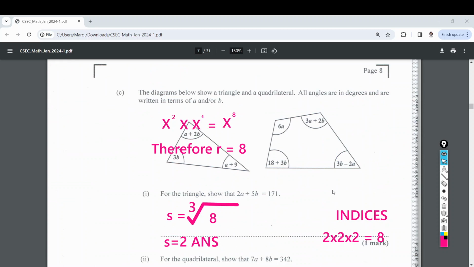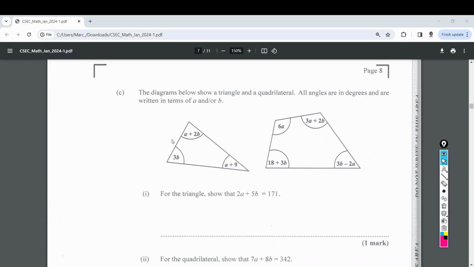This is actually pretty interesting. I really like this question. So let's take our time and read it together. It says the diagrams below show a triangle and a quadrilateral. All angles are in degrees and are written in terms of a and or b.